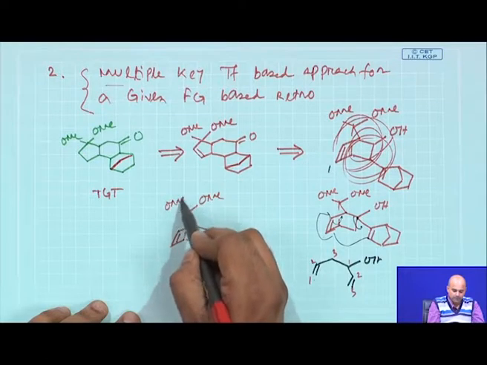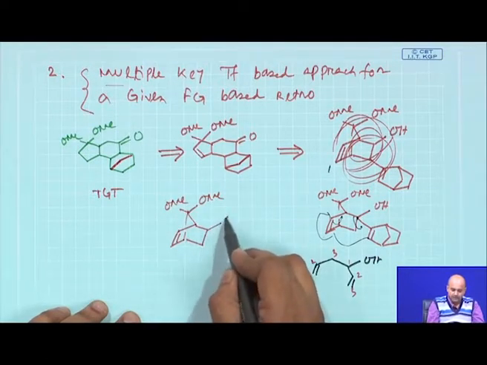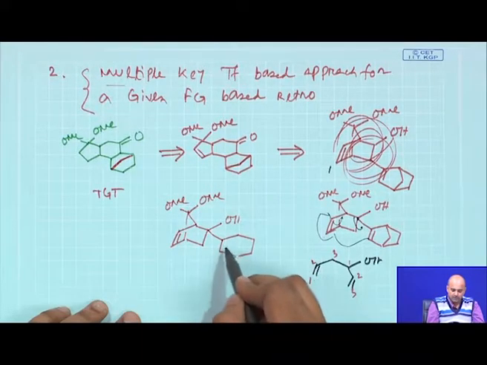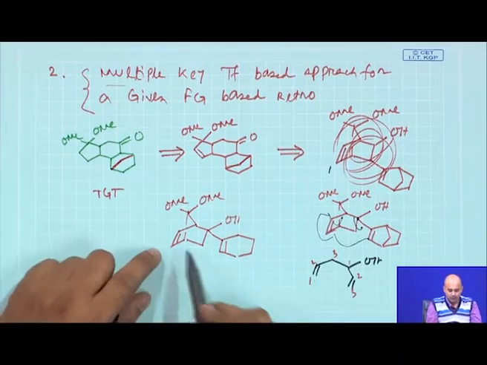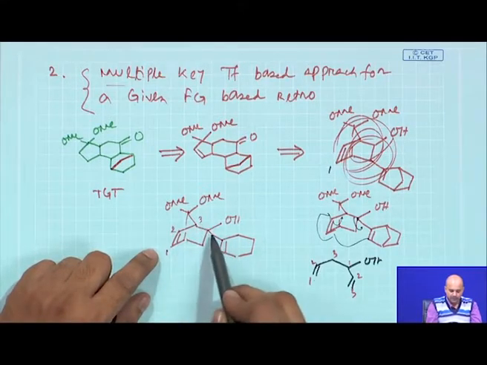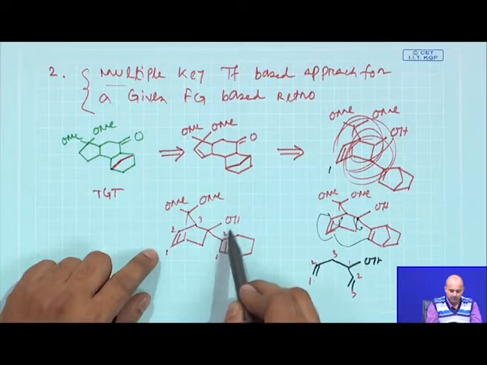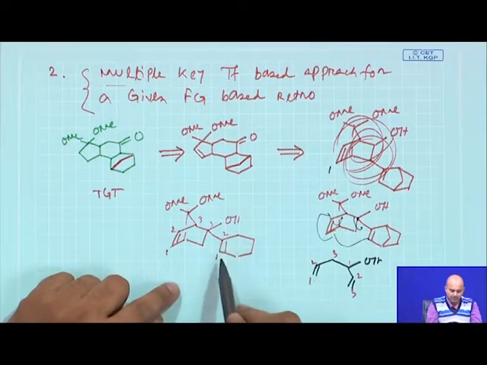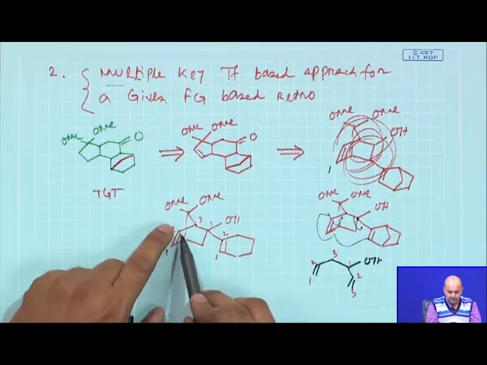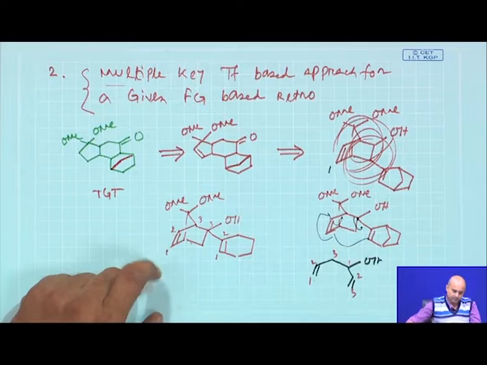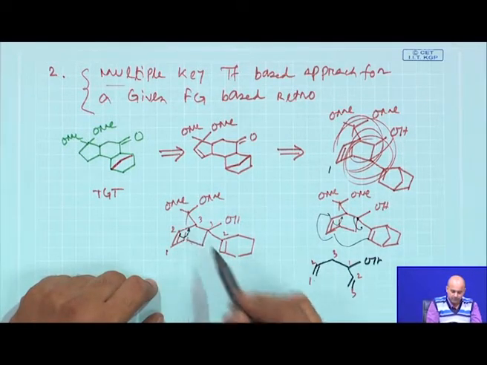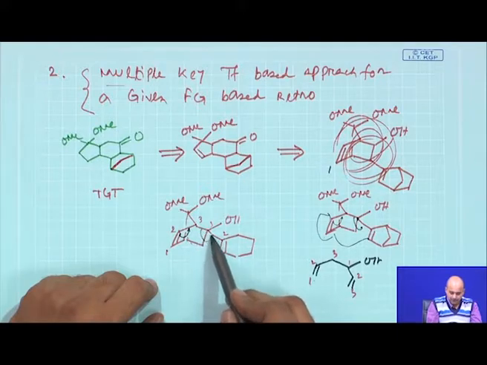As you are dealing with a little bit complex system, please try to figure out the numbering 1 2 3, 1 2 3. This is a direct connection, with this pi bond coming here and this coming here.